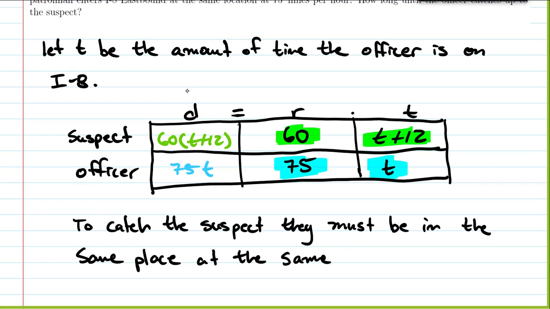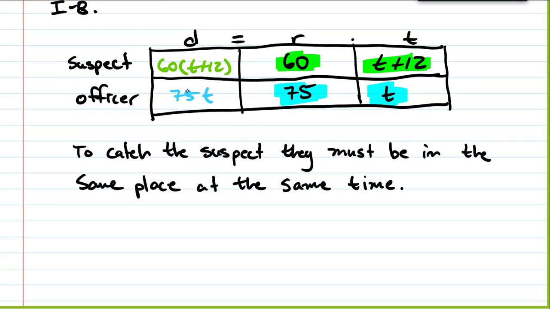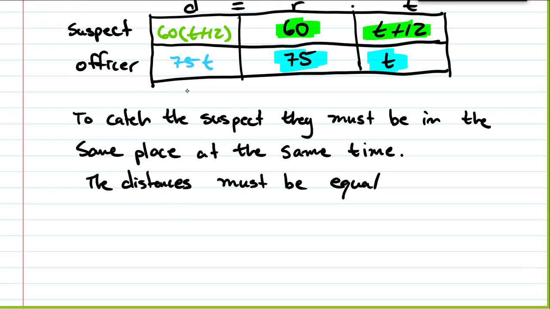Because if you're going to catch someone, you have to be in the same place at the same time. Well, that would mean then that their distances must be equal. So our equation this time is going to be 60 times T plus 12 is equal to 75 times T.